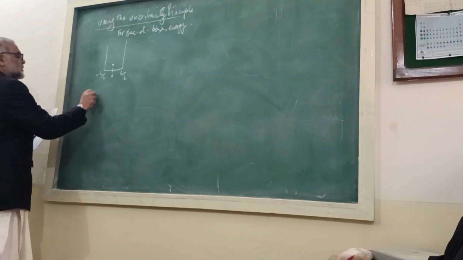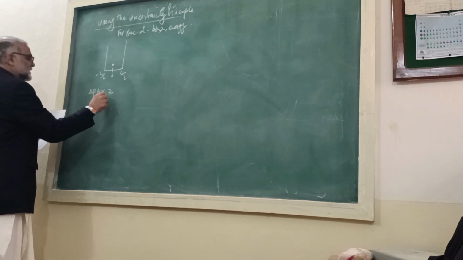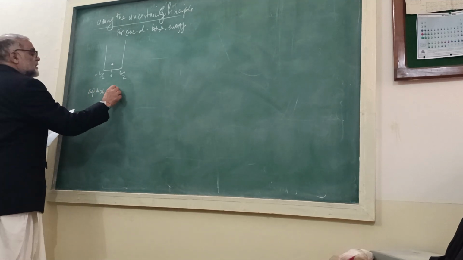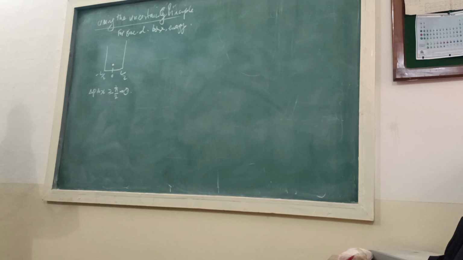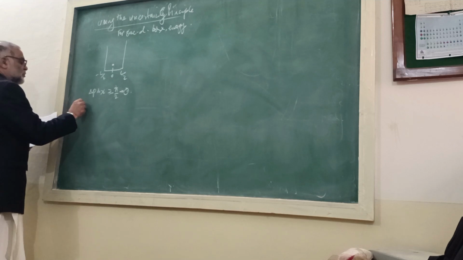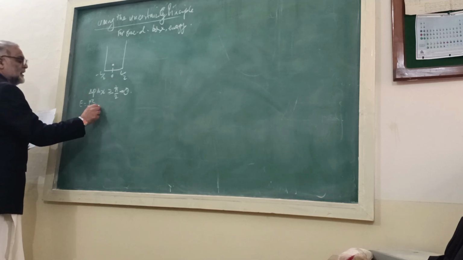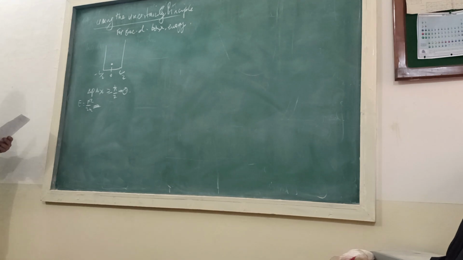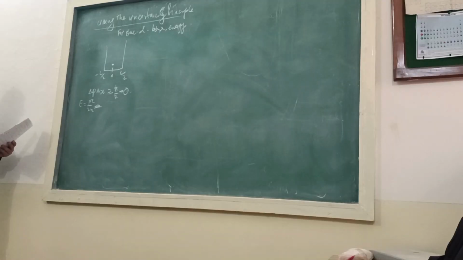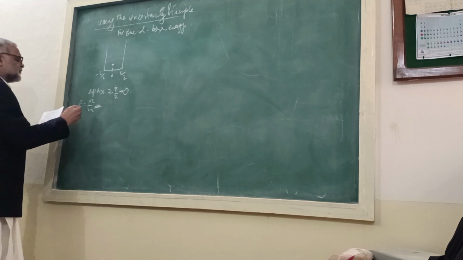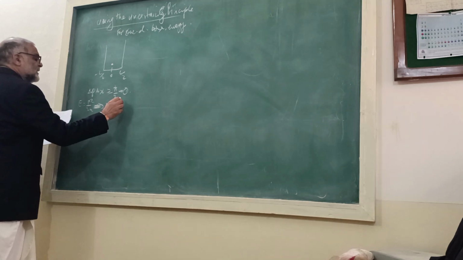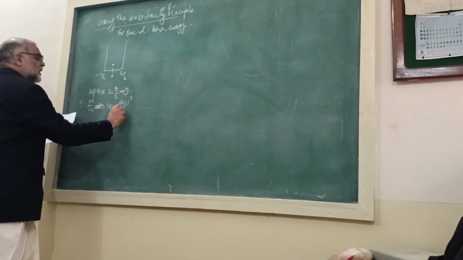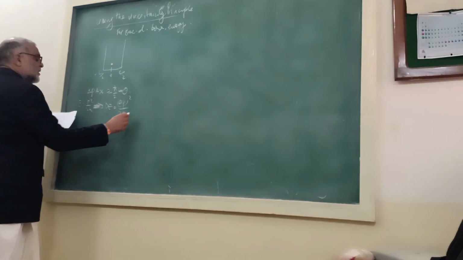We know that the uncertainty principle says delta P delta X is greater than or equal to h cut divided by 2, right? Now, we can replace P by energy. We know that energy is equal to P squared divided by 2m, right? So this means that delta E could be like delta P squared divided by 2m.